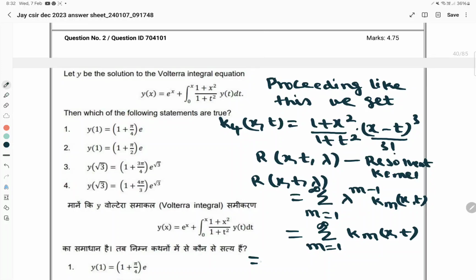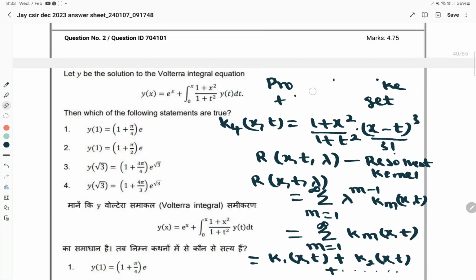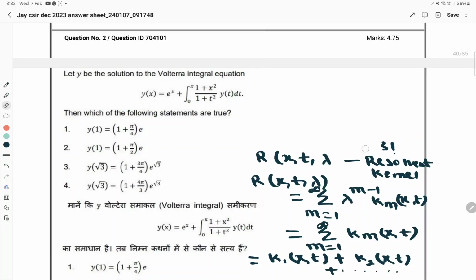I am going to give values for m. If m equal to 1, it becomes K1(x,t) plus K2(x,t) plus dot dot dot. Already we found out the values for K1, K2. Substitute all these values here. We get the resolvent kernel R of x, t, lambda.